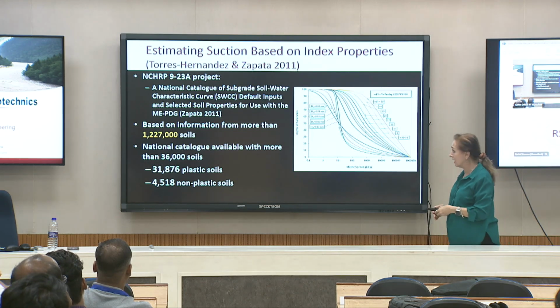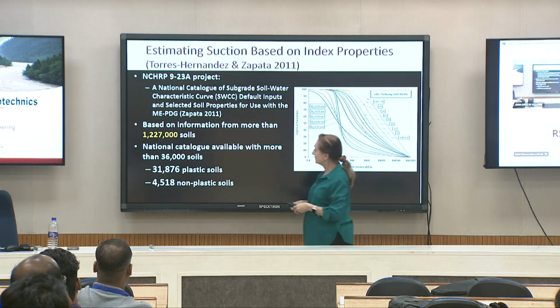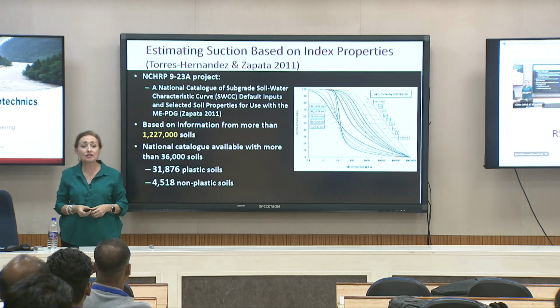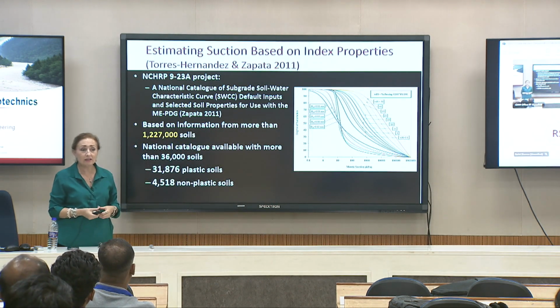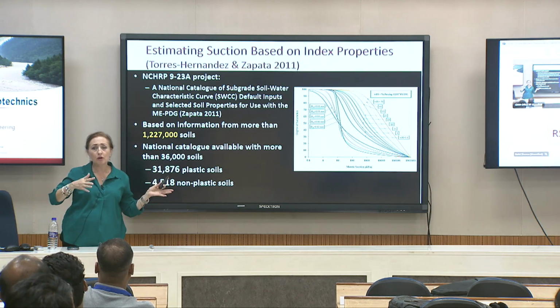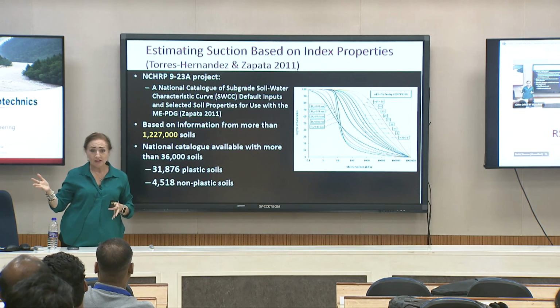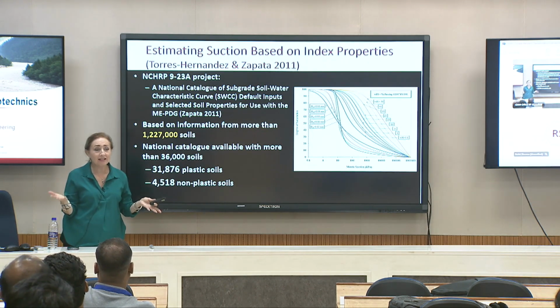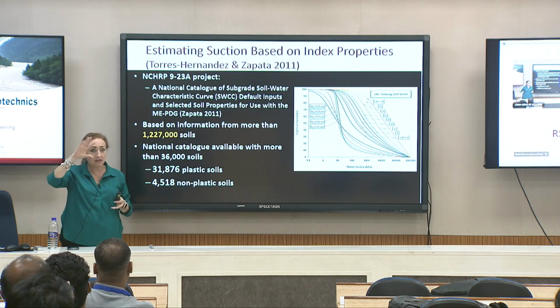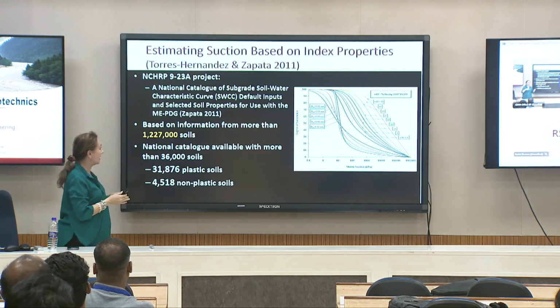So basically, we put together a national catalog of soil-water characteristic curves because that database was created with the then Bureau of Public Roads, and therefore they got all these engineering properties for us in there. That is available online.